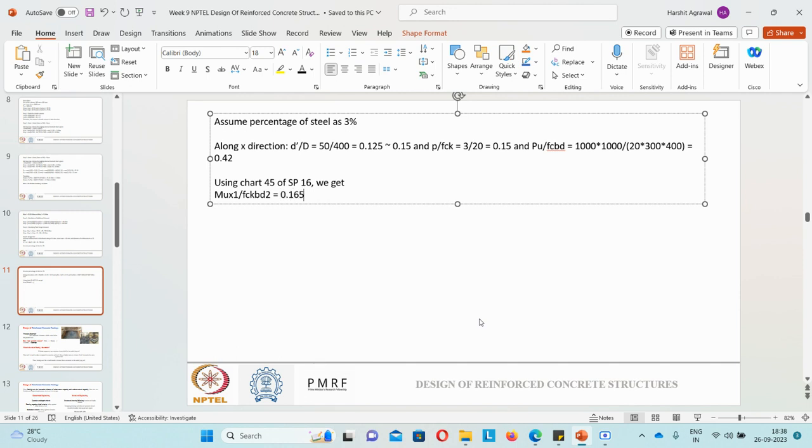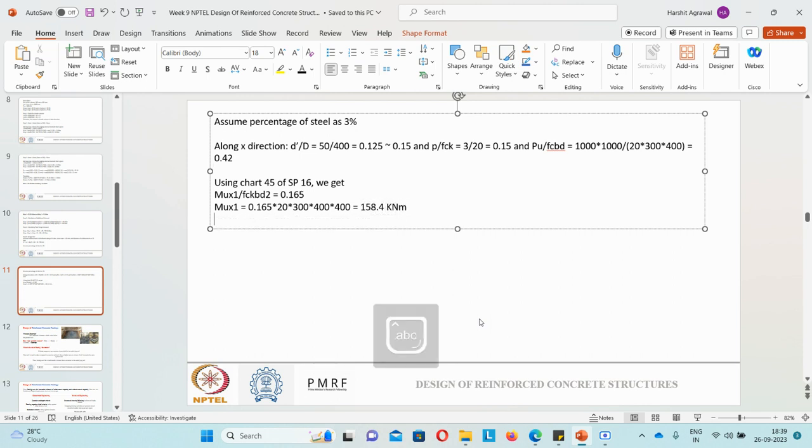I am taking the midpoint, 0.165. From this I can calculate Mux1: 0.165 times 20 times 300 times 400 times 400. This value will come out to be 158.4 kilonewton meter.